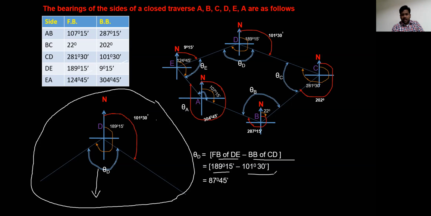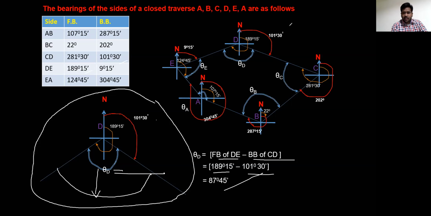If you subtract 189 degrees 15 minutes minus 101 degrees 30 minutes, it will give you the included angle, that is 87 degrees 45 minutes. So this 87 degrees 45 minutes is the included angle at station D. This is my included angle.